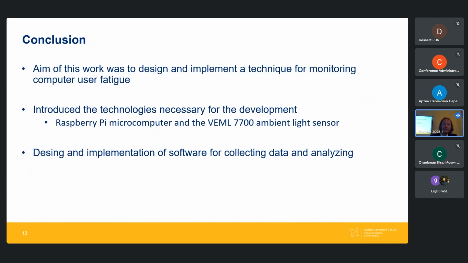In conclusion, the aim of this work was to design and implement techniques for monitoring computer user fatigue.